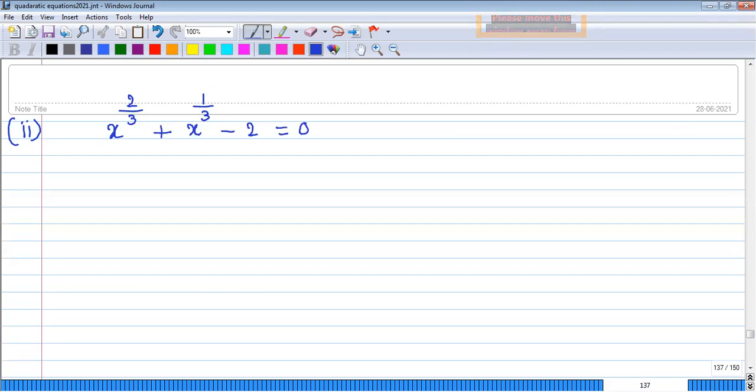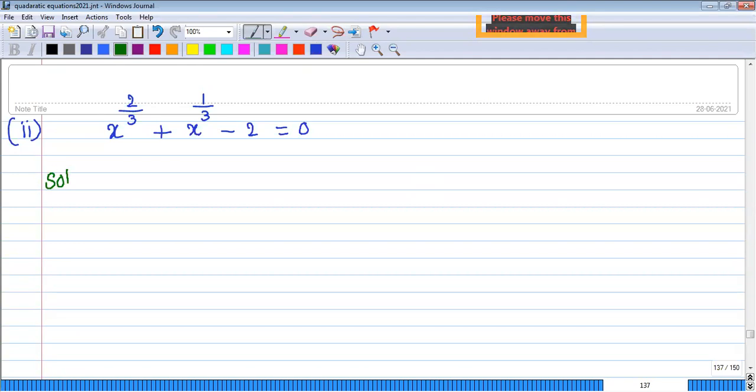If you observe directly, it is not in the standard form. How could you put it in ax square plus bx plus c is equal to 0 form? Can it be possible? Can it be reducible into the quadratic equation form?